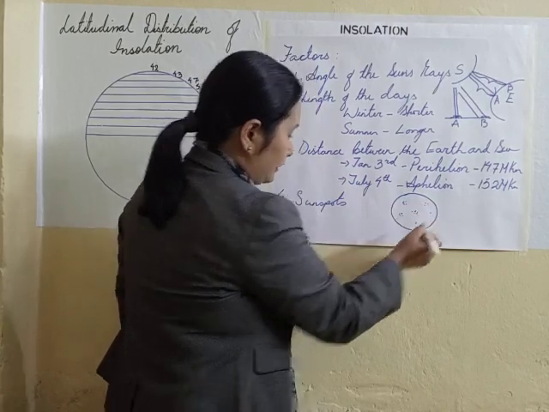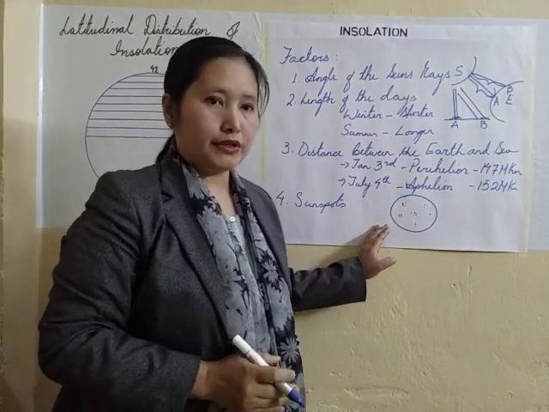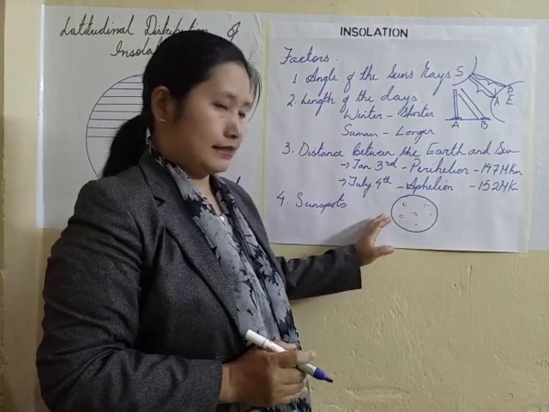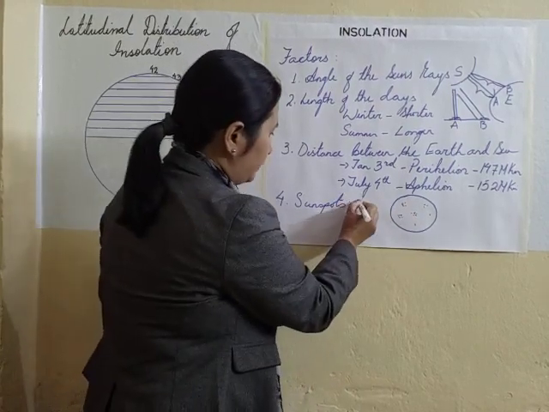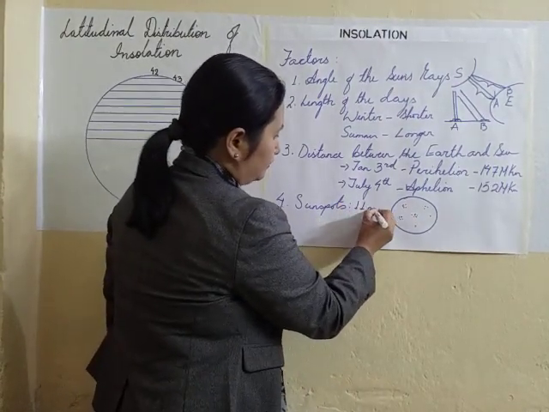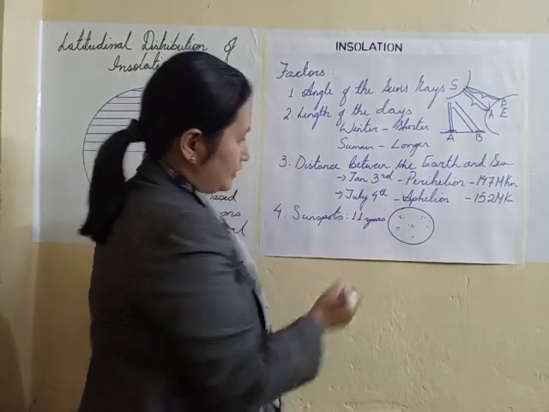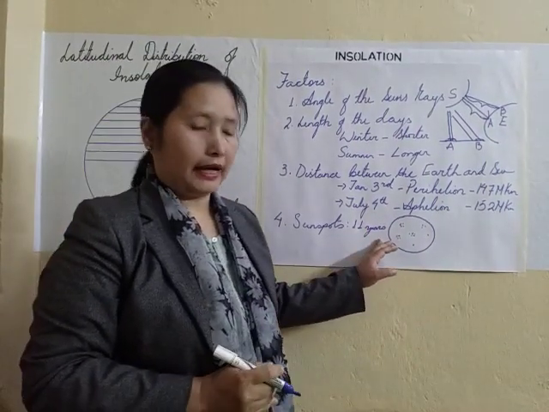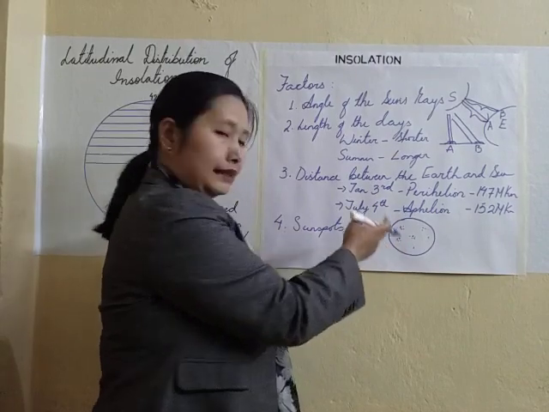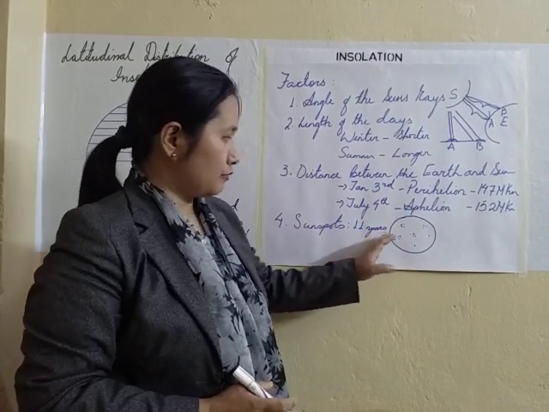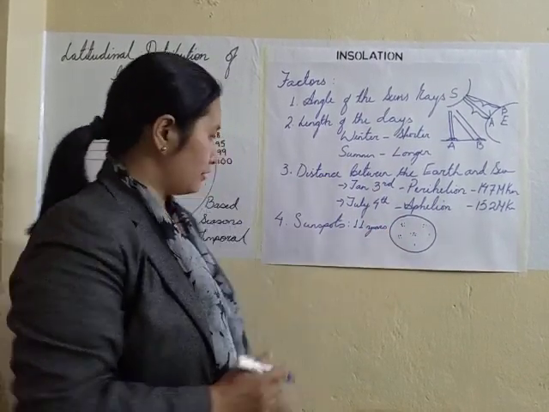When there are more sunspots, insolation increases; when there are fewer sunspots, insolation decreases. This is said to occur over an 11 year interval. At every 11 year interval, the sunspots are the highest, then it goes down slowly, then again it comes. So whenever the sunspots are more, insolation is more.